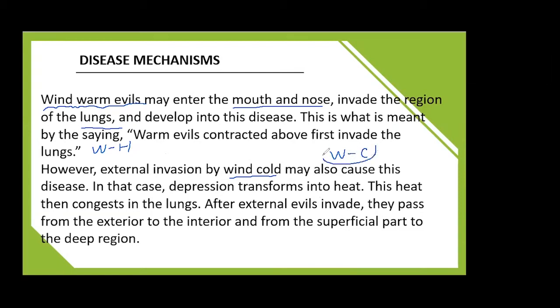But even with wind cold attacking, later on, because cold causes stagnation, it changes to heat. So basically external pathogens go from externally to internally, and from superficially to deeper. That's how the illness happens.